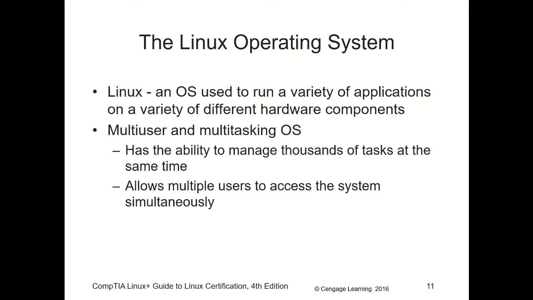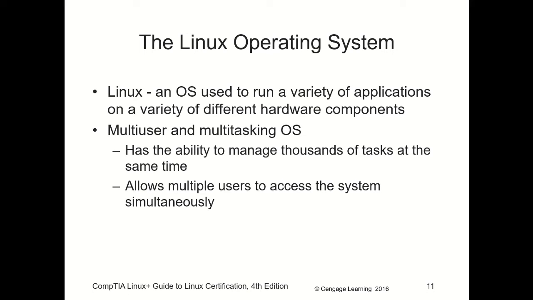The main feature of the Linux operating system is that it is multi-user and multitasking. The important thing about Linux is you can use it as a user device, and you can use it as a server device.